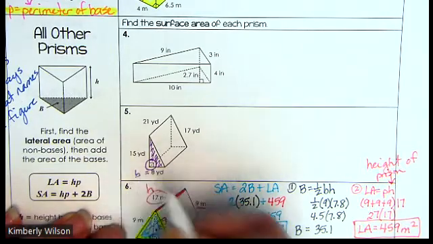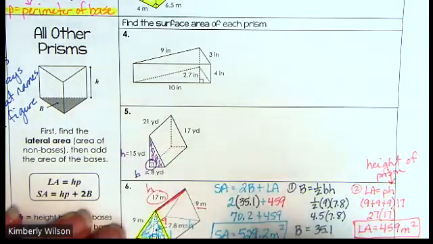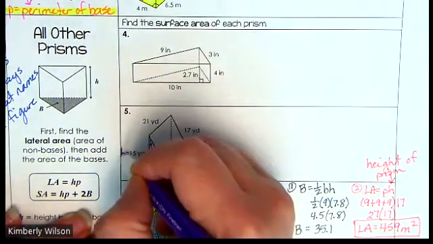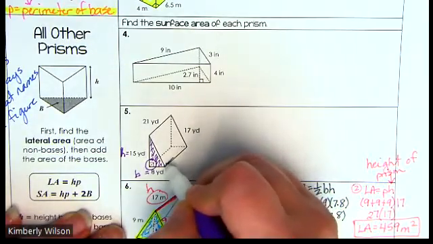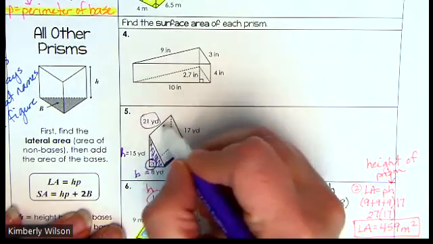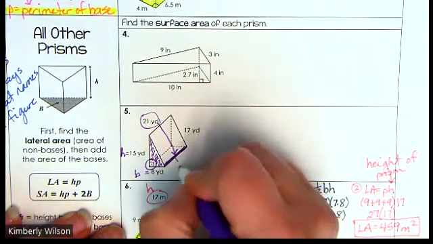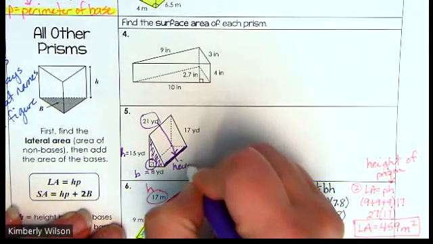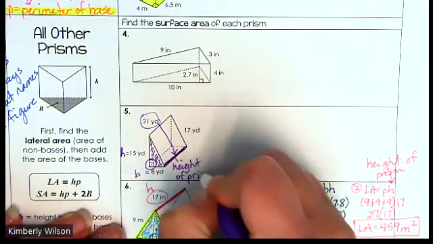So this is going to be the base of the triangle. This is going to be the height of the triangle. Now, the height of the prism is the distance between the two bases. So therefore, this number I would go here. So therefore, this is the height of the prism.